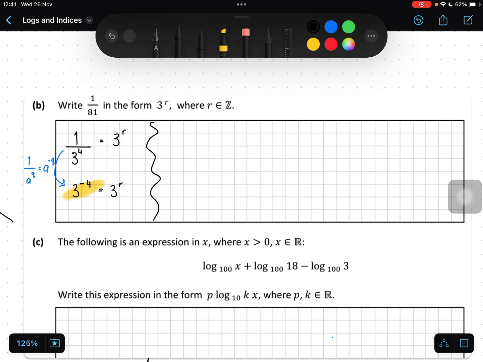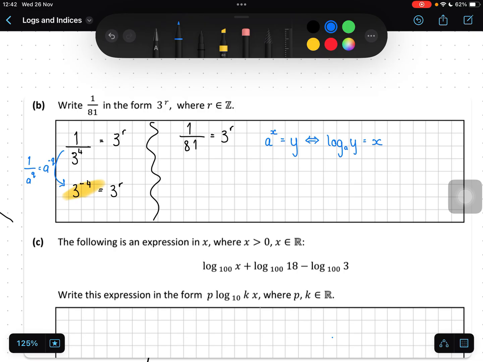Another way of doing it is using our logs, just because we're getting used to them. So 1 over 81 is equal to 3 to the power of something, so we can use r if we want, and we can use our log rule. So a to the power of x is equal to y if and only if log with a base a of y is equal to x.